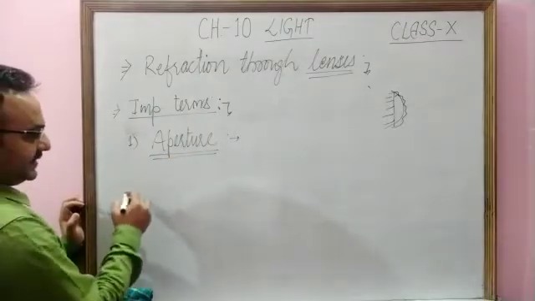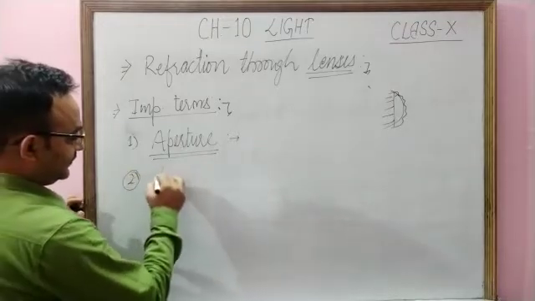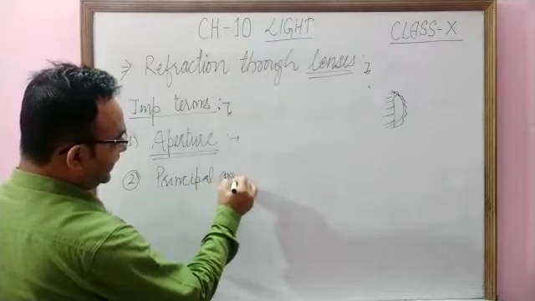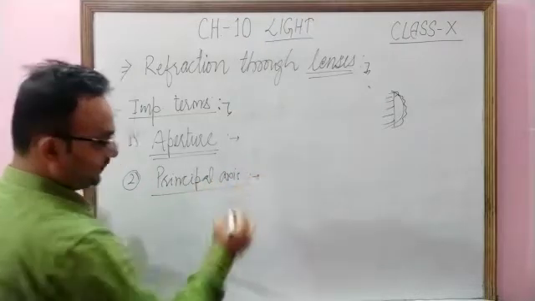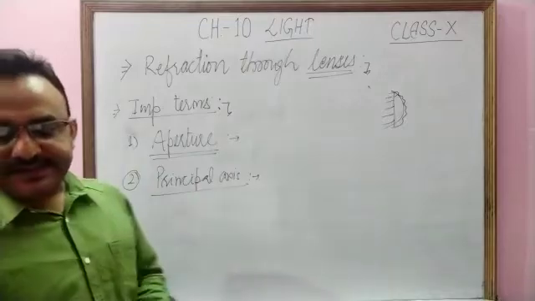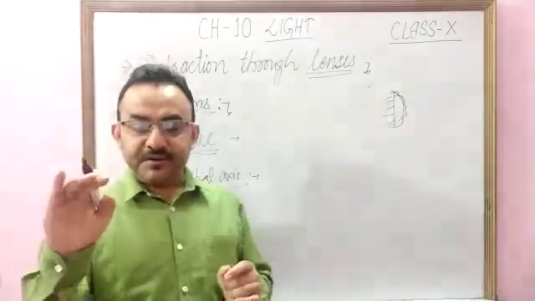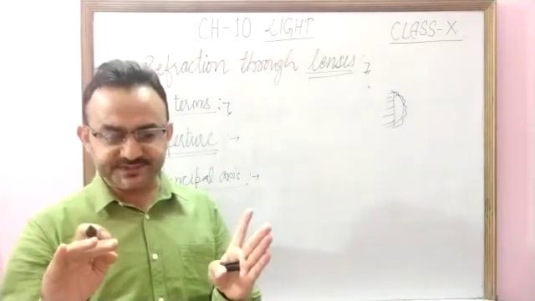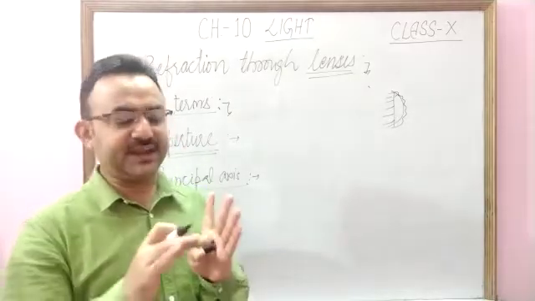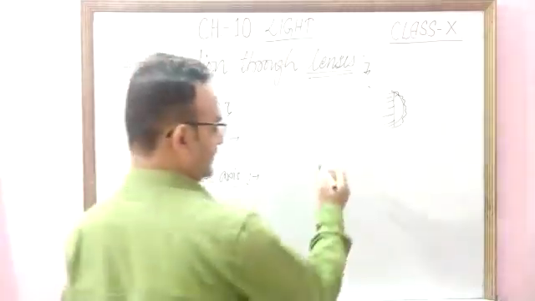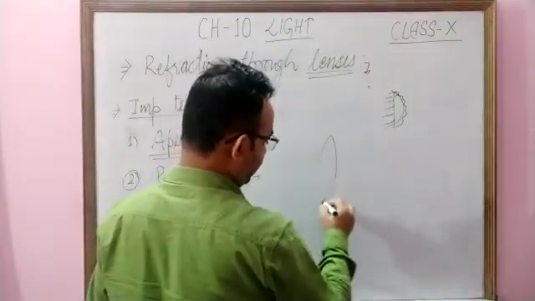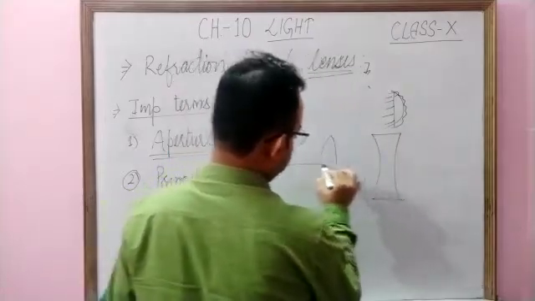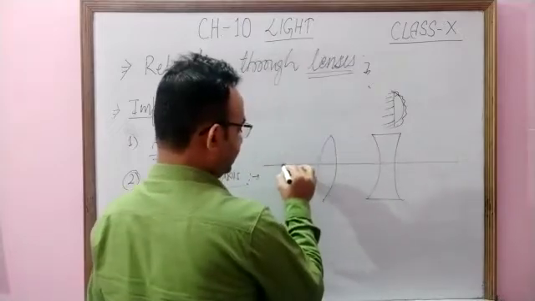Second one is principal axis. A straight line passing through the centers of curvature of two surfaces of a lens, such as these are the centers.